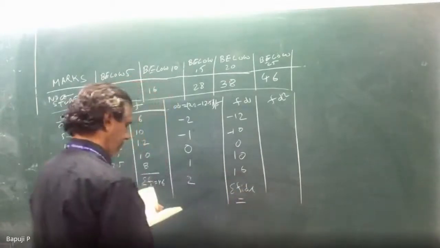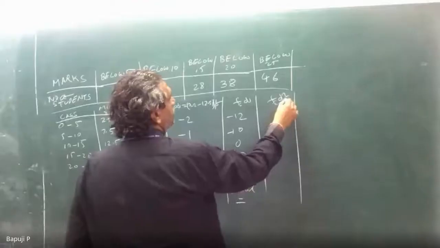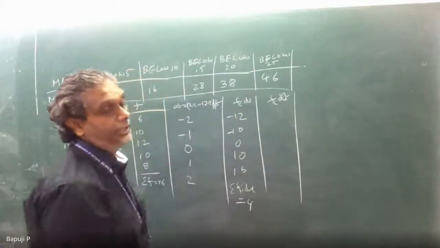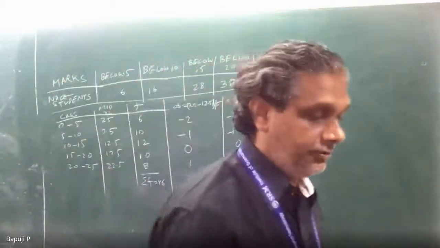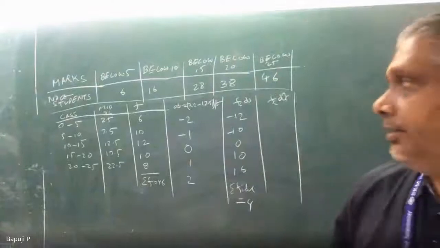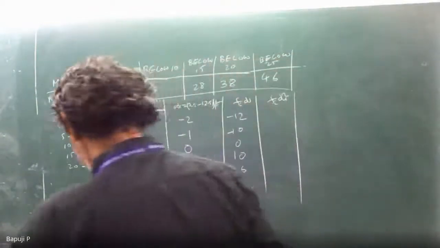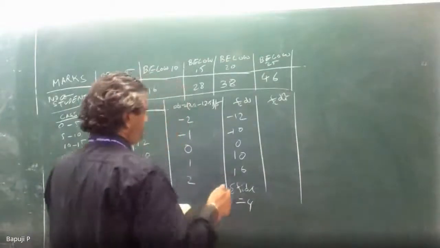What is the value? 4. Now fiDi square you have to find out. Make D a square, then multiply with f. What are you getting? 4 into 6, 24.